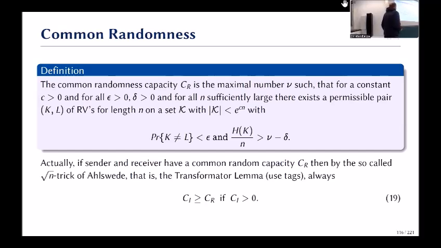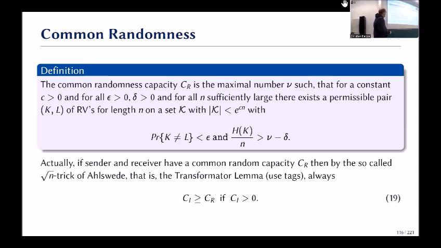So, if the sender and receiver have a common randomness capacity CR, then by the so-called square root n trick of Ahlswede, that's a transformer lemma, that's somehow using tags. So it's really the same as what we do for identification. We have that the identification capacity is always bigger than the common randomness capacity, if the identification capacity is greater than 0.